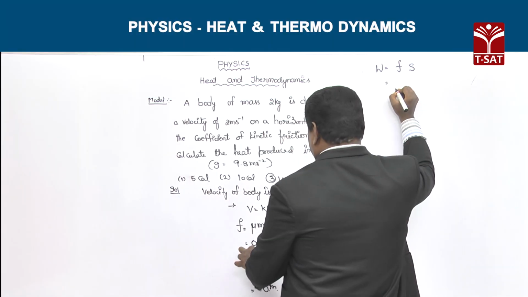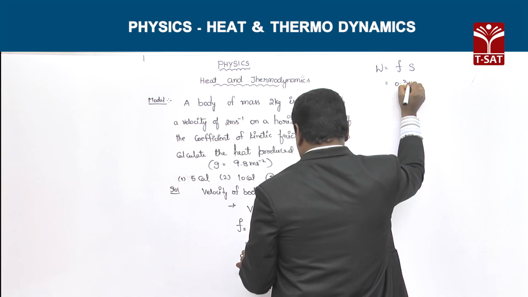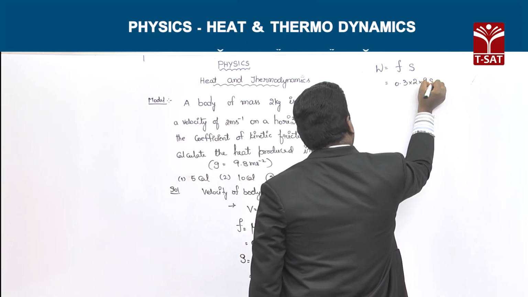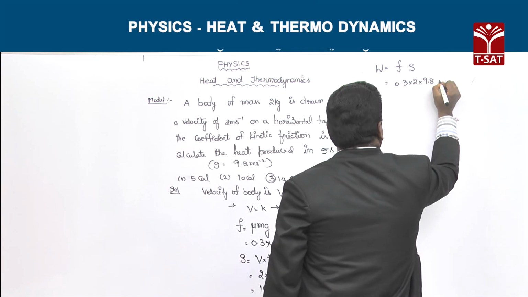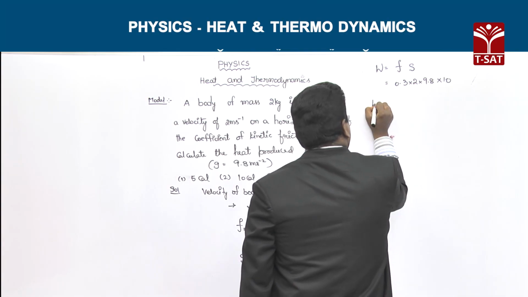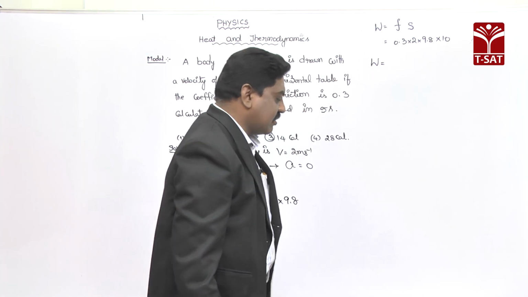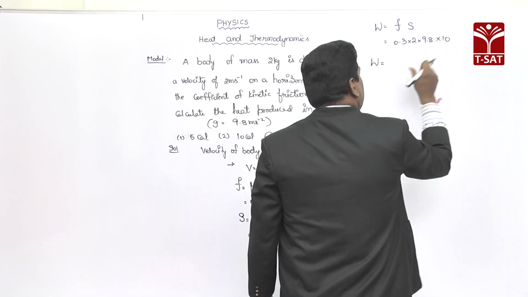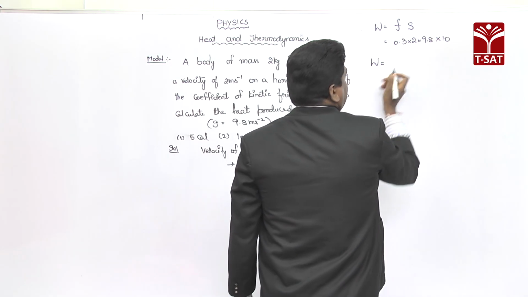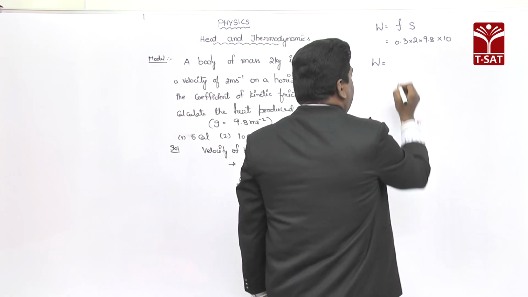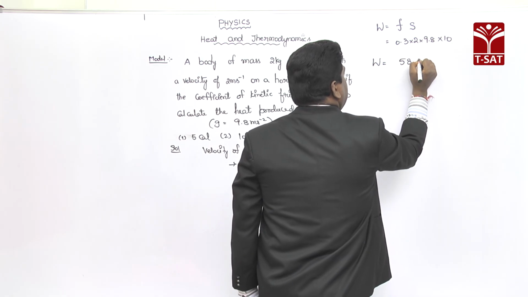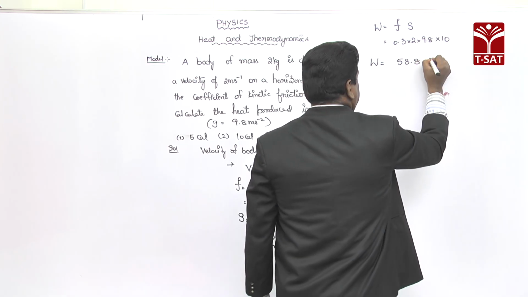And F is written as 0.3 into 2 into 9.8, into the 10 meters. On multiplying all these things, we get the work done as 58.8 joules.